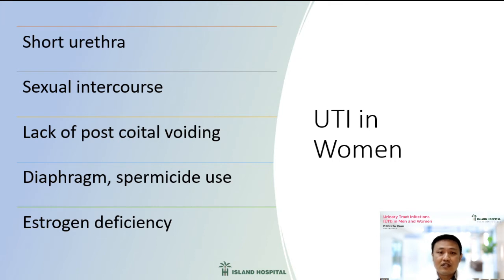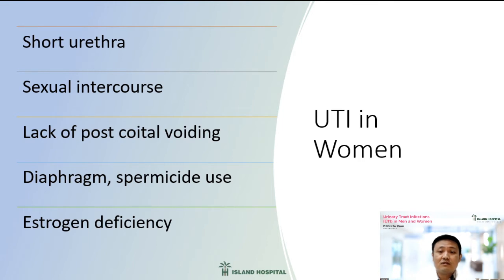So, what about UTI in women? Like I said just now, they have a higher risk of getting an infection, particularly, one, because the vaginal introitus, the opening of the urinary meatus, and the rectum are all nearby. Number two, women have a short urethra.